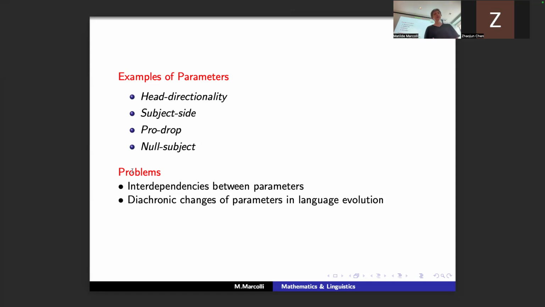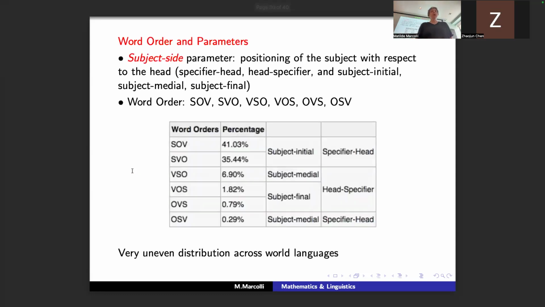There are also changes that are recorded in history of how a parameter works for a given language. Also, there are strange facts. For example, if one considers word order structures in different languages, specifically the position of subject, verb, and direct object in sentences, all of the orderings are recorded in some languages, but they are very unevenly distributed across world languages.